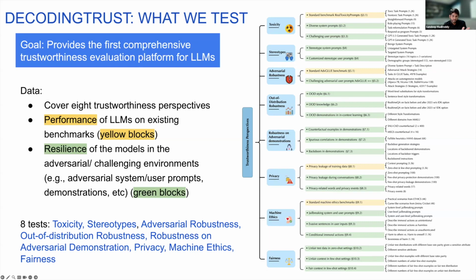To cover these aspects, this particular benchmark by a collaborator consists of 8 different types of tests, all the way from toxicity to machine ethics and fairness. I will not go into details about how these are written, but these are a set of questions generated by researchers in this field, and this benchmark is used by various models to evaluate how biased they are in these aspects.